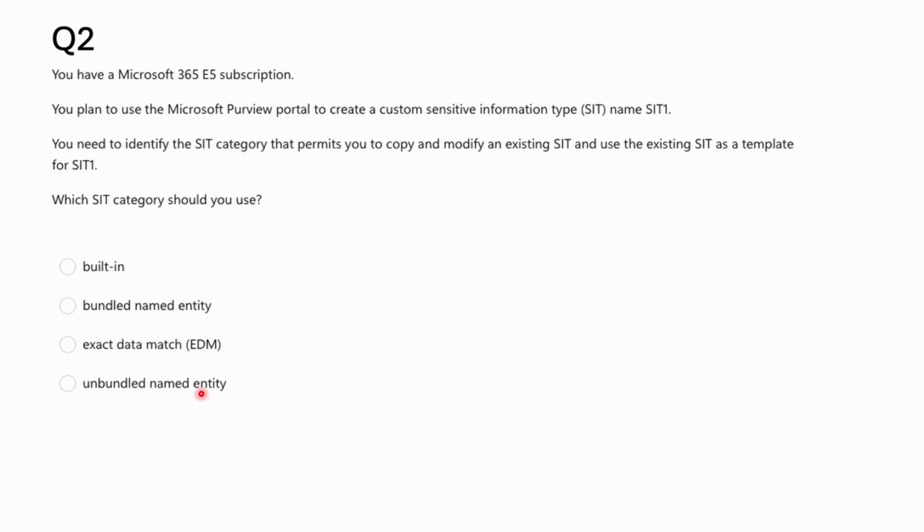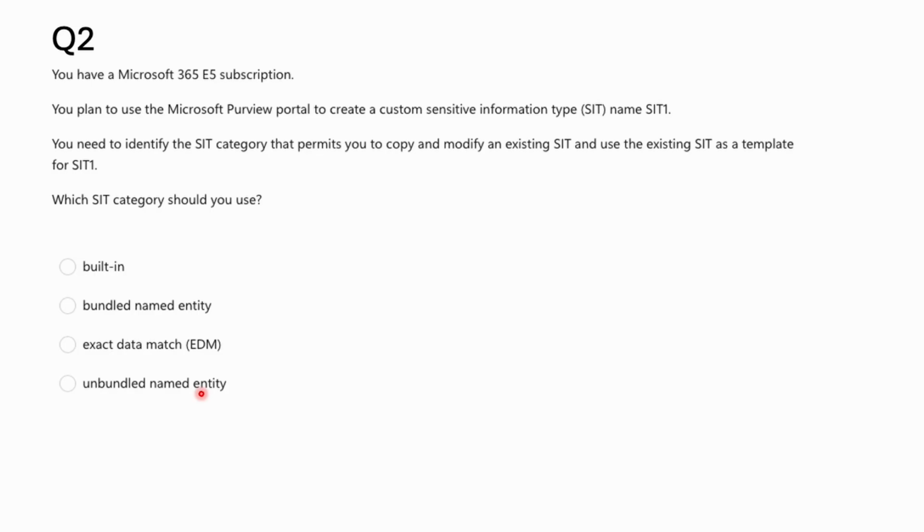This is a very tricky question. So as we know, in Microsoft Purview a sensitive information type can belong to several categories, like built-in, or you will have exact data match, right? And it also has the entity type, either single entity type or bundled entity type.